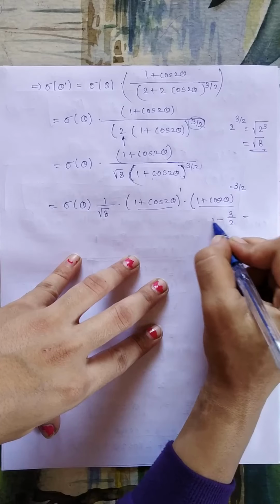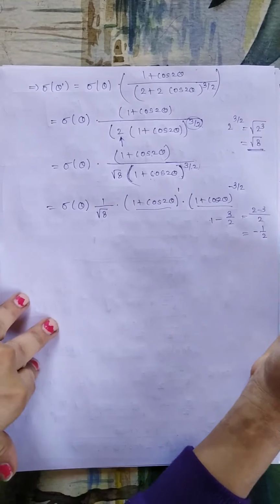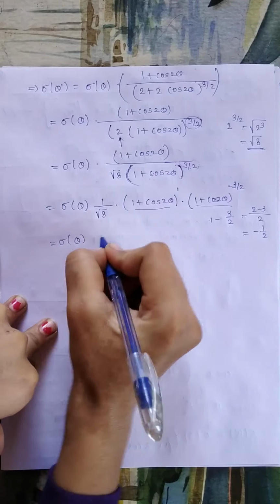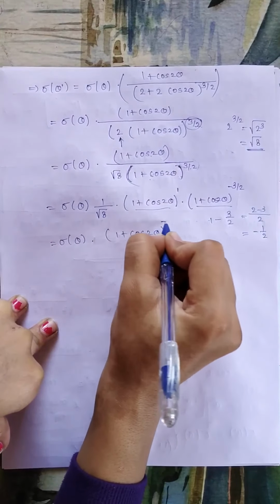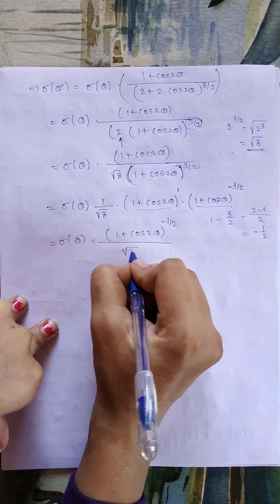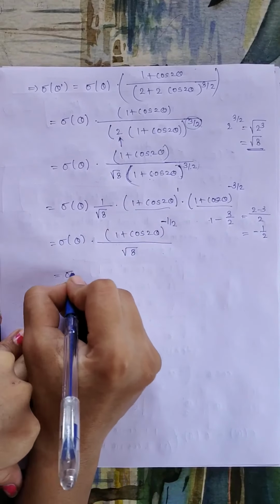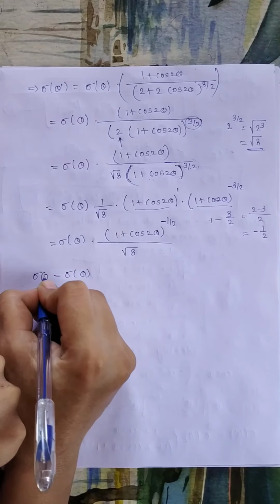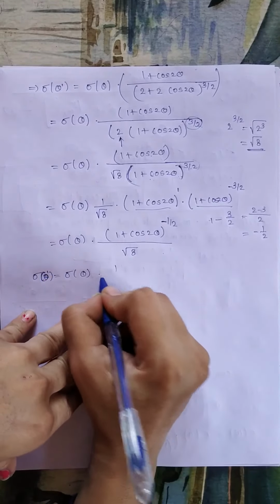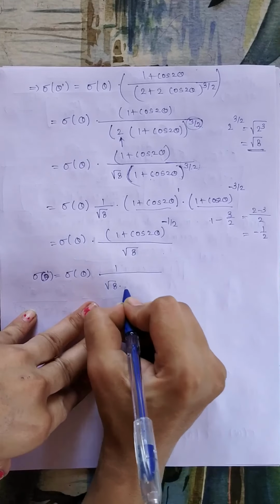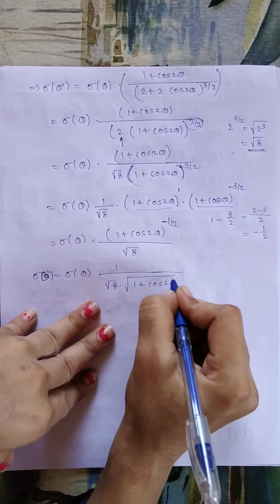So this will become 2 minus 3 upon 2, which is minus 1 by 2. So we got here sigma of theta into this 1 plus cos 2 theta raised to minus 1 by 2 upon root 8. And since this power is negative, I can write it on denominator. So I will write it here, there is sigma of theta dash. So we got here 1 upon root 8 into root of this 1 plus cos 2 theta.